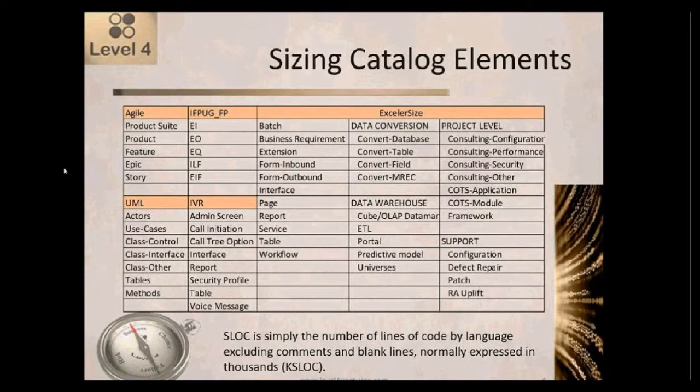So you can use the classes and then break them down by class type: control classes, interface classes, and other classes. And then we supplement that with tables, which are the tables in the database, obviously, and methods, which are basically the functional capabilities that are built into the classes.